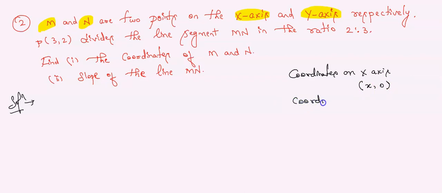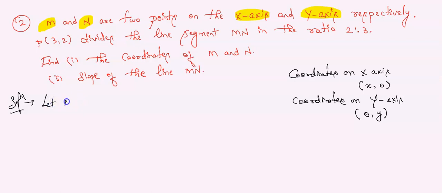Similarly, we know that the coordinates on y-axis will be 0, y. On y-axis, x value will be 0 and y value will be present. Got it? That is what first let me write.